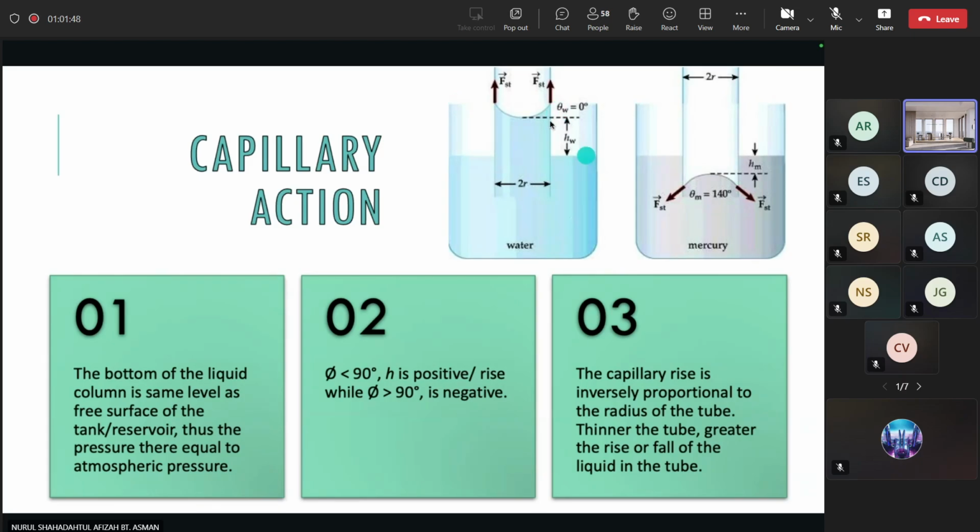So you can simply know that this is water. And then for mercury, the angle of contact is more than 90, so h will be negative because the height of the liquid in the cylindrical tube is lower. The capillary rise is inversely proportional to the radius of the tube. So the thinner the tube, the greater the rise or fall of the liquid in the tube.